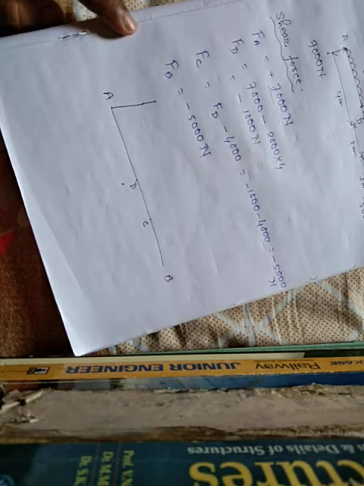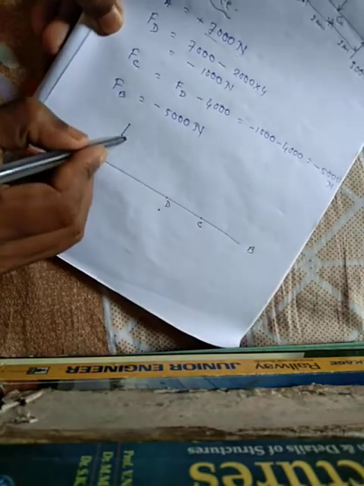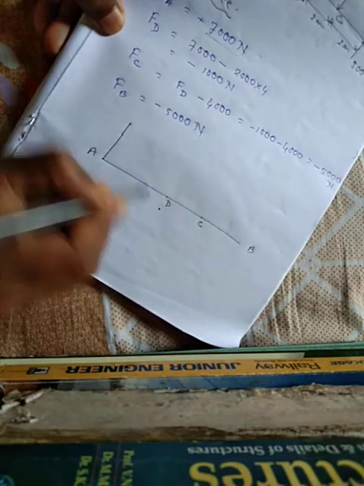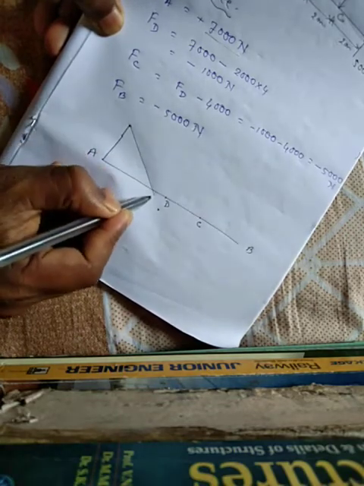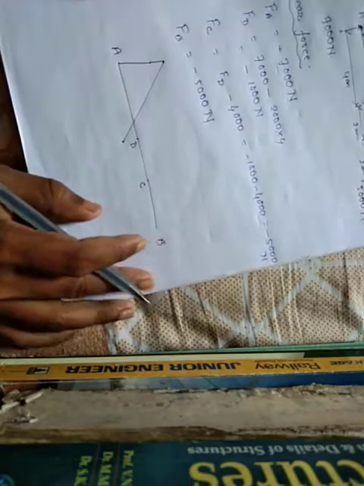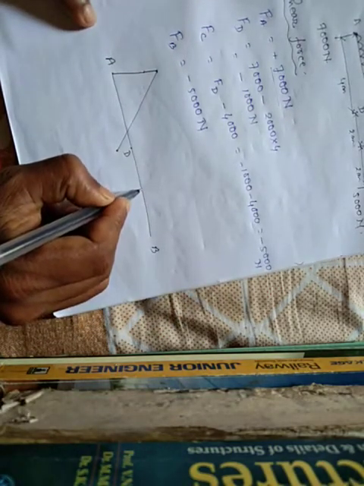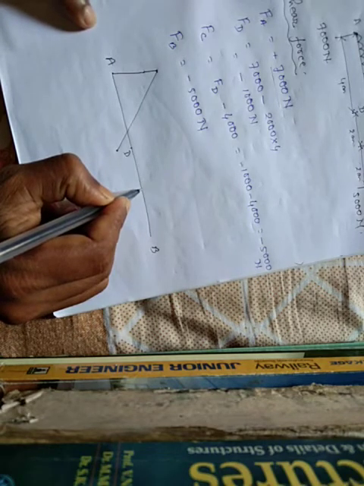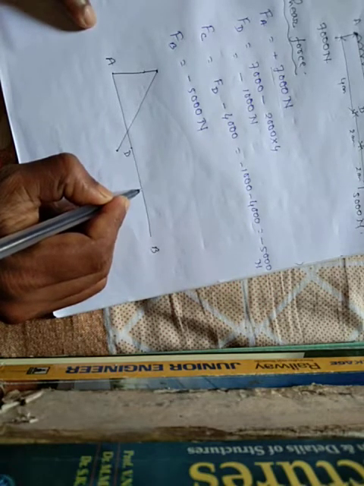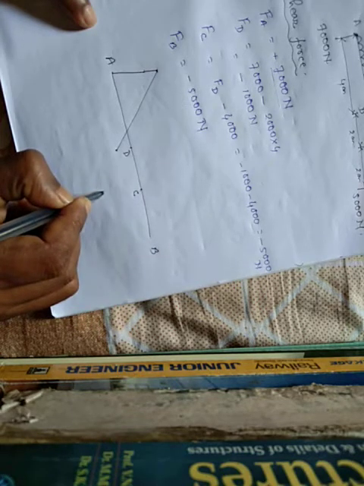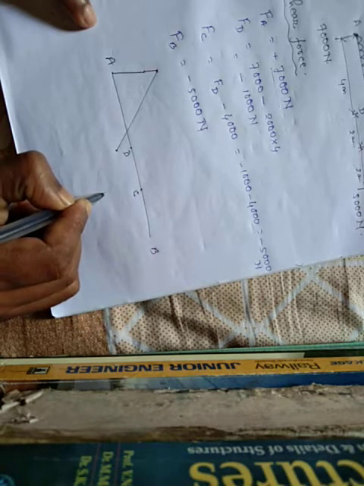Let me draw the linear from here to here, and shear force at point C is minus 5000. This is a 5000 minus.